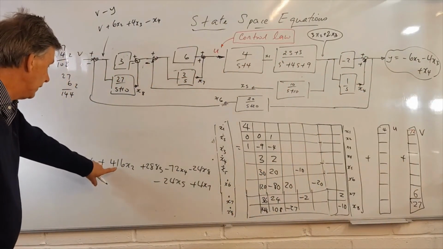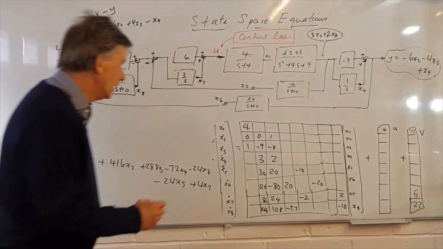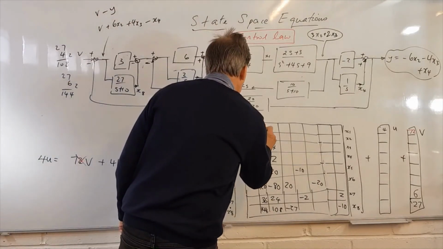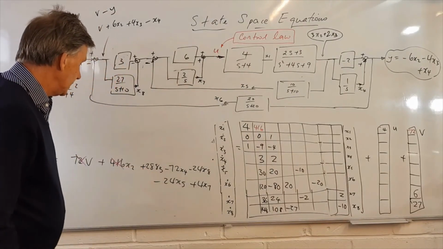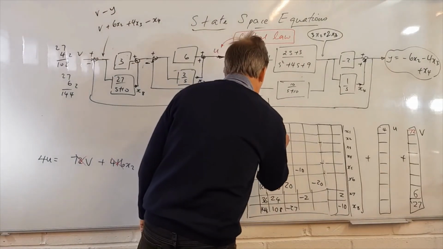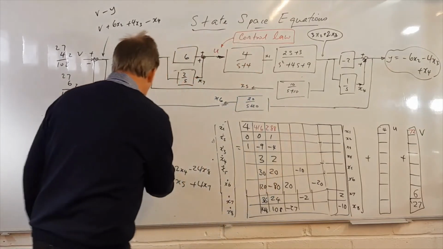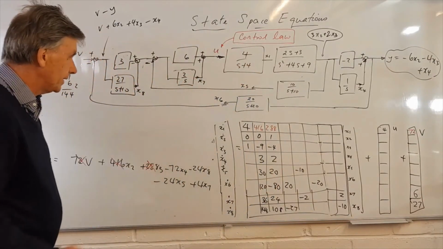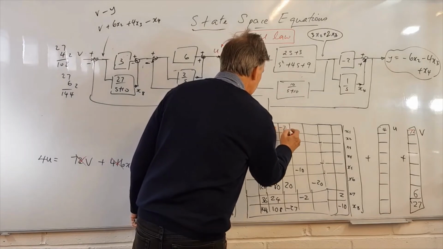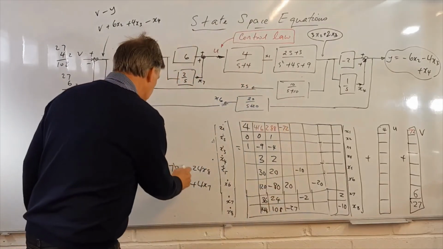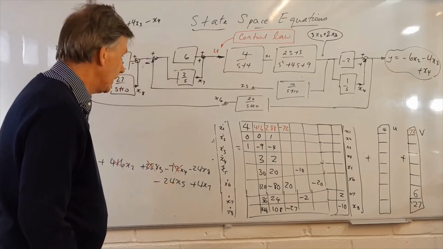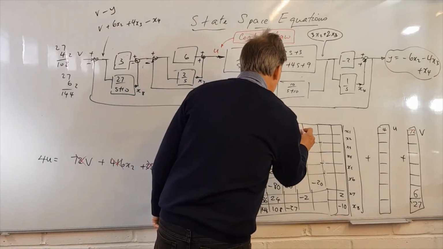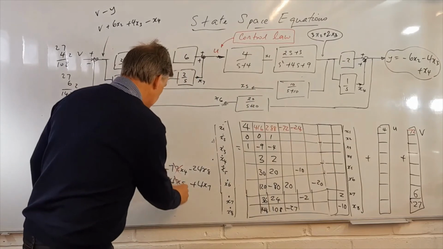Then we've got a 416x2, so we've got 416 in there, and that one's gone. We've got 288x3, so that one's gone. We've got minus 72x4, so that one's gone. Got minus 24x5, so that one's gone.